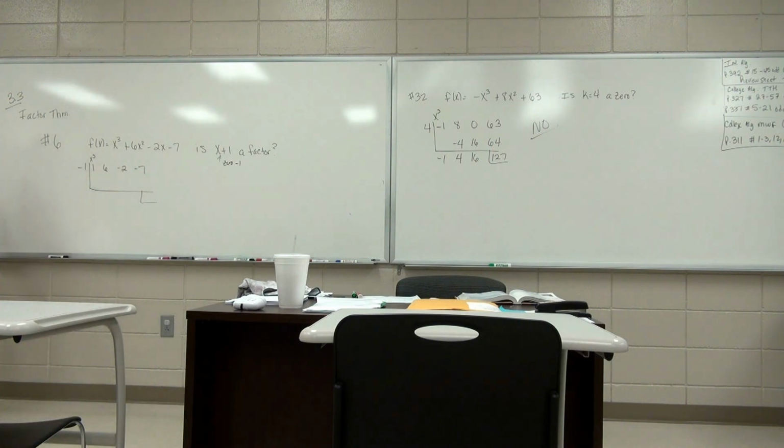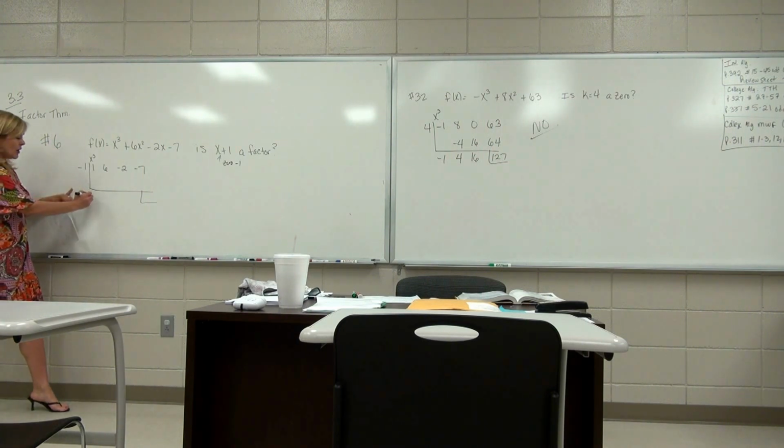Well, if my answer is going to be yes, what's going to happen here? The remainder is equal to what if my answer is yes? Negative? No. 0. You'll get a remainder of 0. Remember, you always want that remainder of 0. So when you divide this by negative 1, if your remainder is 0, then your answer is yes. Negative 1 would be a 0, and x plus 1 is a factor.